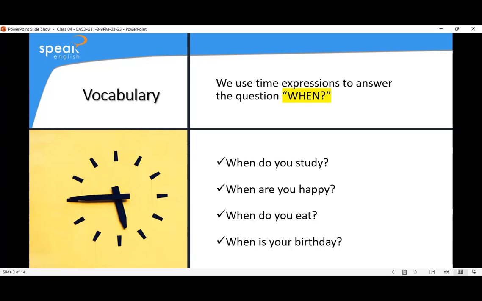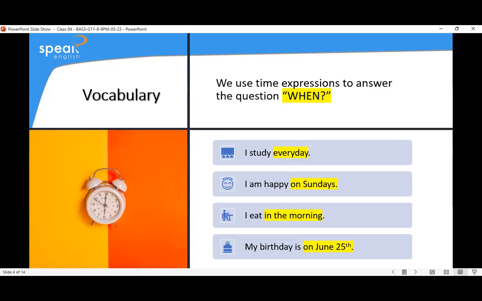And in today's session, we will be checking mostly time expressions that are related to the future. For example, well, these ones are not specifically for the future, but these are some examples of time expressions. Here we have, I study when? Every day. So we know that every day is a time expression that means all days, from Monday to Sunday.